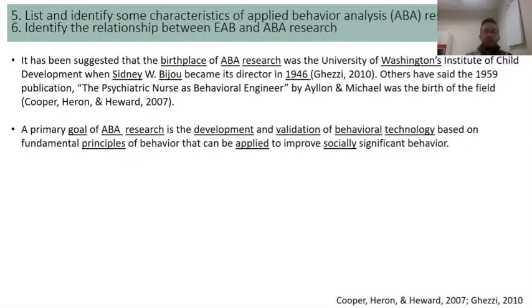So all of these procedures that I listed are examples of applied behavioral technology that are based on fundamental principles of behavior discovered in EAB, but which are used in homes, in schools, in community settings to improve socially significant behavior in individuals across the lifespan.